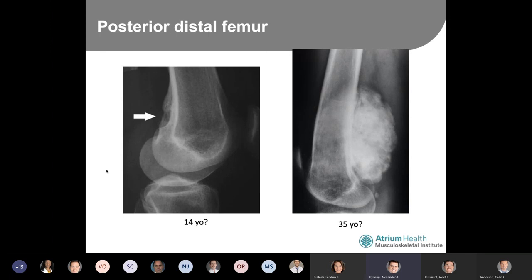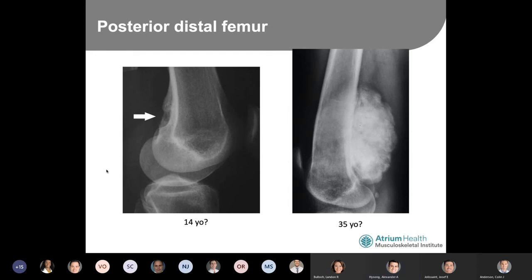Looks like there's a little bit of periosteal reaction, kind of forming a buttress there. It doesn't really look like it's destructive. I don't see a huge soft tissue component.